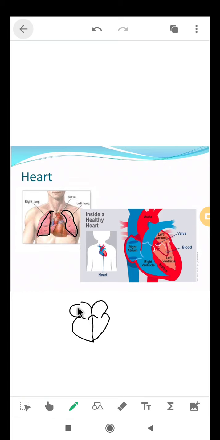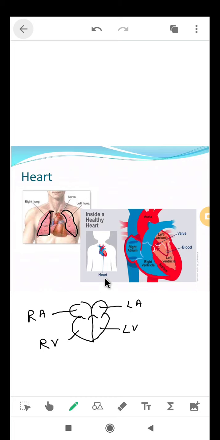These are the auricles and these are the ventricles. This is the right atrium or right auricle, and this is the left auricle or left atrium, and this is the left ventricle, and this one is the right ventricle.